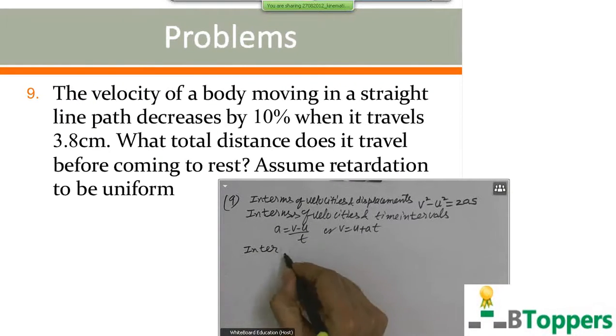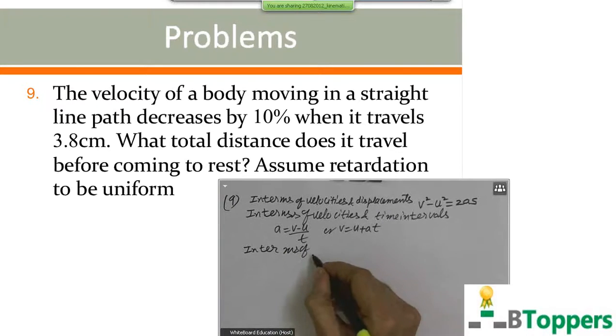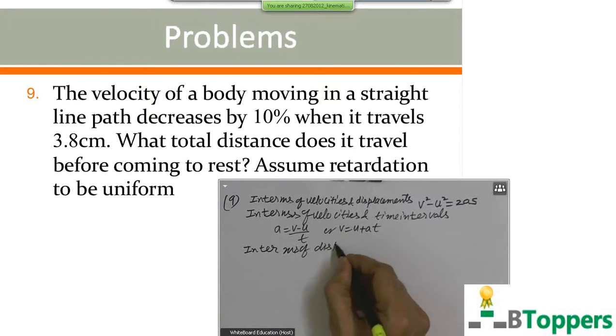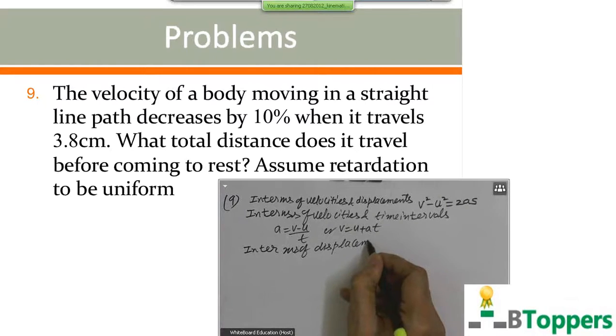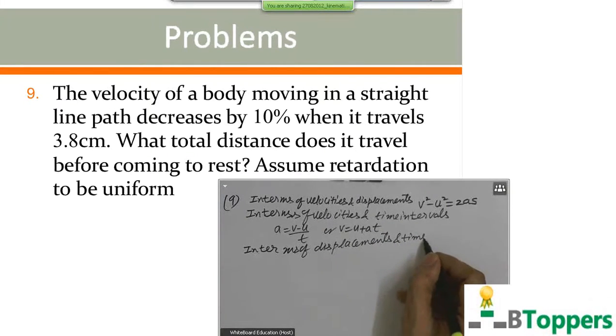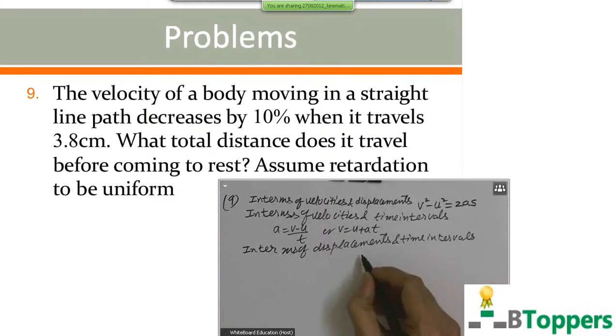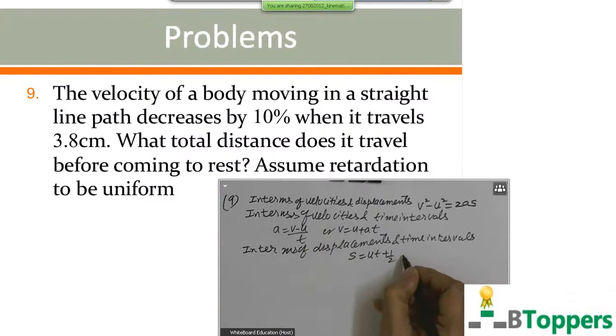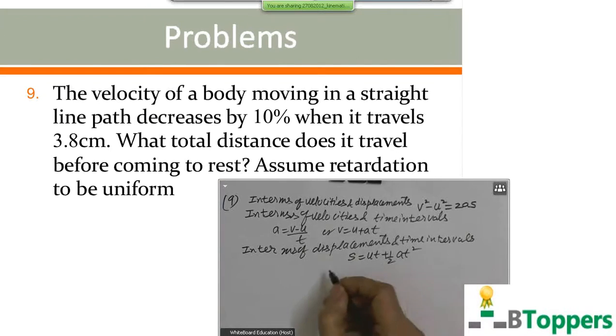Suppose the problem is given in terms of displacements and time intervals, without mentioning velocities. Then you can solve the problem by using the equation s equal to ut plus half at square two times for the two cases in the problem.